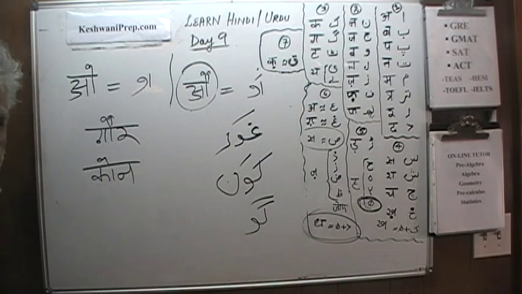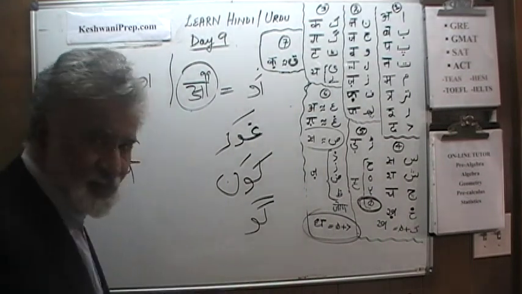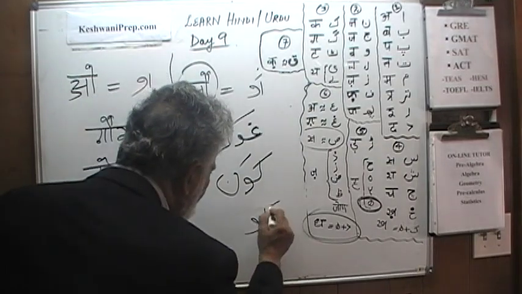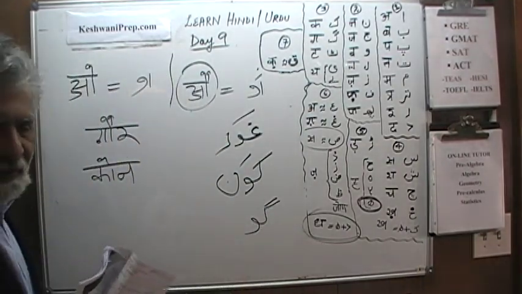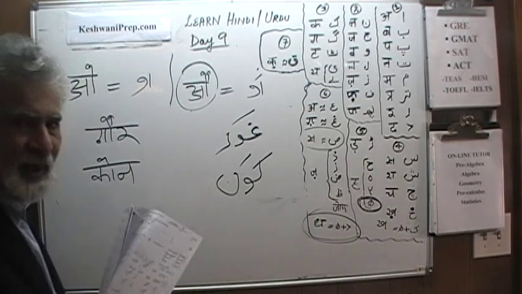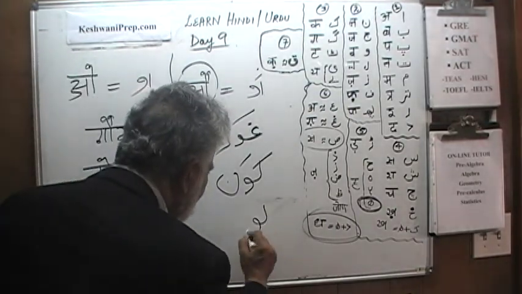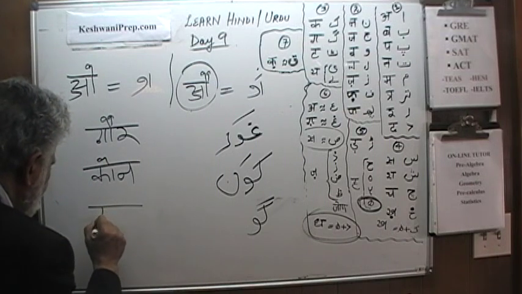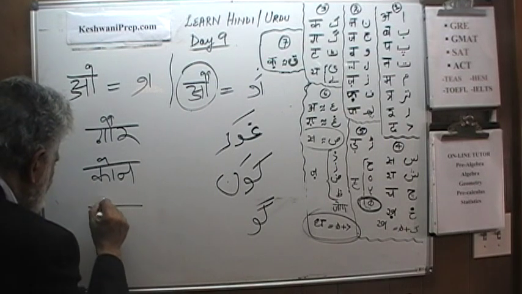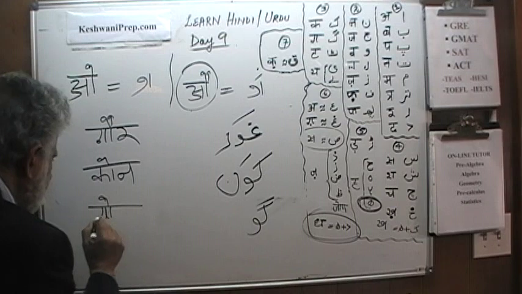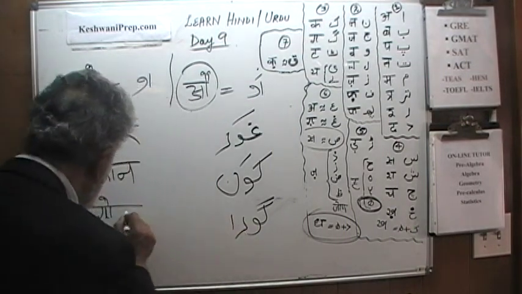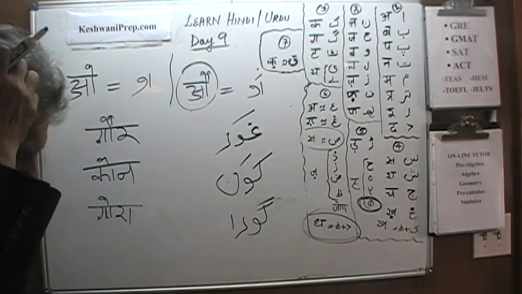That's a G. Even though, strictly speaking, they're supposed to sit nicely on it like this, when you're writing, people are not that careful. It comes out sometimes sloppy. So when you see something like this, you know it's a Go. And that's a short O. Go. Ra. Gora. Gora is white.